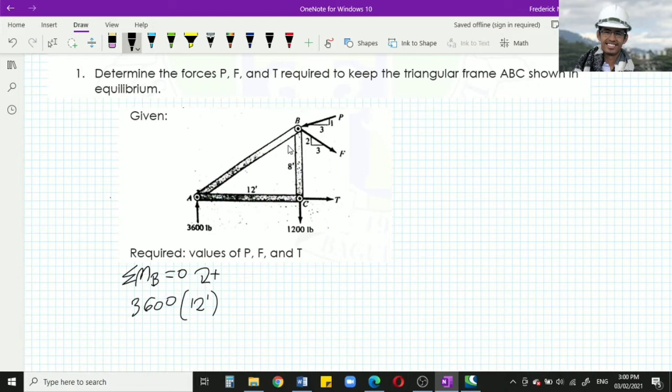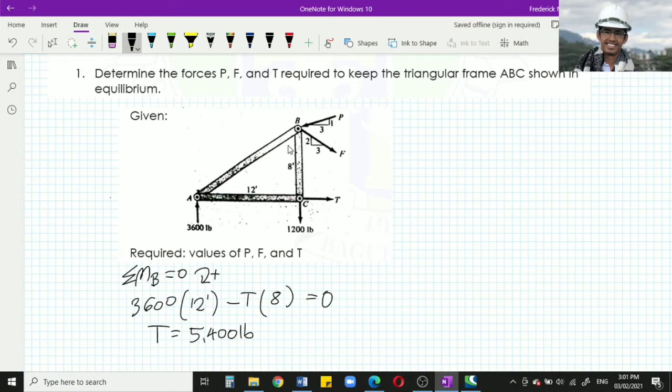Minus, so yung force na T naman, so counterclockwise siya, kaya minus, so that will be T times 8. Okay? That will be equal to 0. So, solving for T, that will be equal to 5,400 pounds. Okay? So, nasolve na natin yung force T.